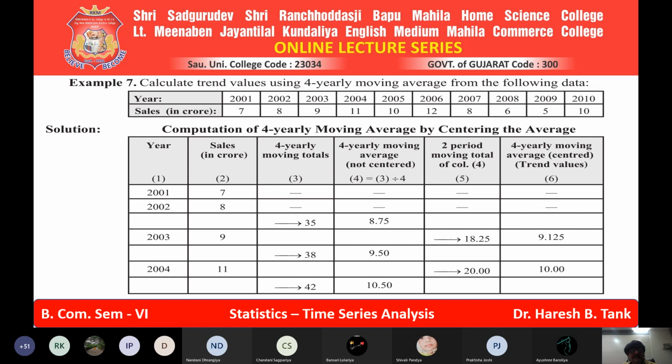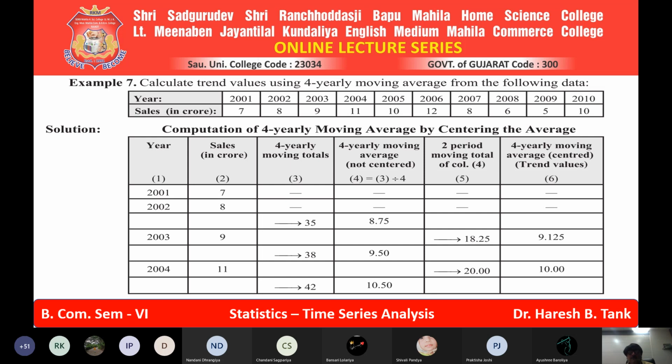Similarly, 38 divided by 4 becomes 9.5. 42 divided by 4 becomes 10.5. And do the same for the whole column. Once you do it, it is nothing but 4 yearly moving average.